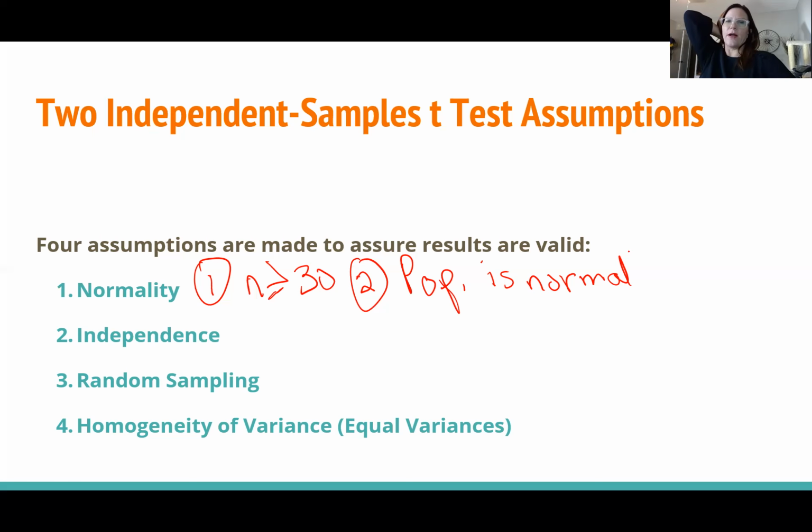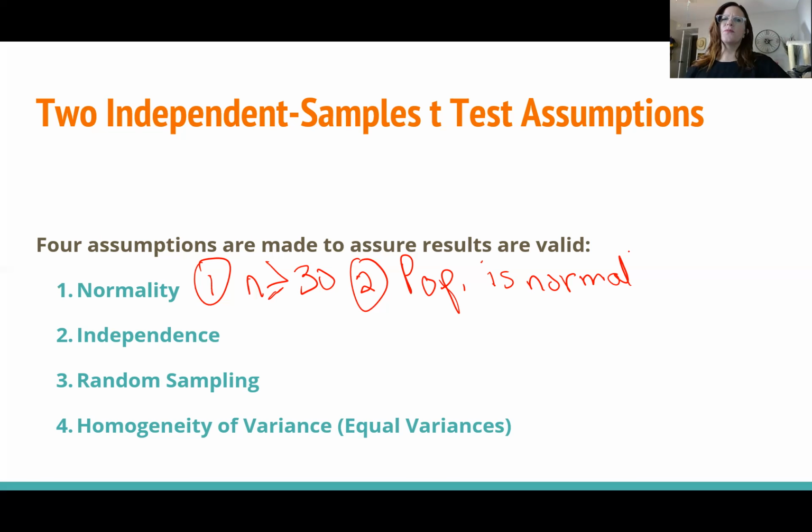And the fourth is an extremely important assumption for independent samples t-tests, called homogeneity of variance. Your textbook introduces it as equal variances. I don't like to use the word equal because, for many people who think very black and white, equal means exact. What we want is homogeneity, which means a lot of similarity.